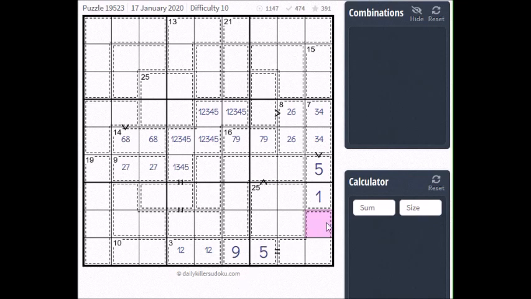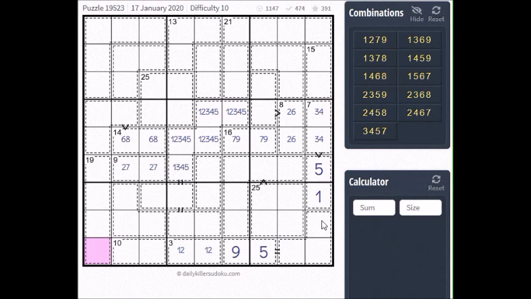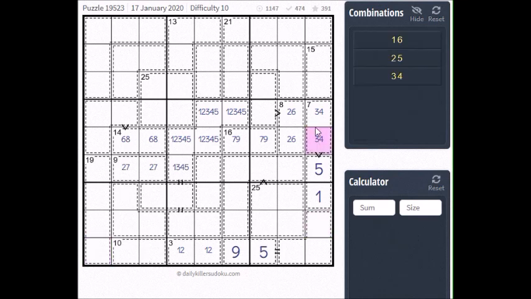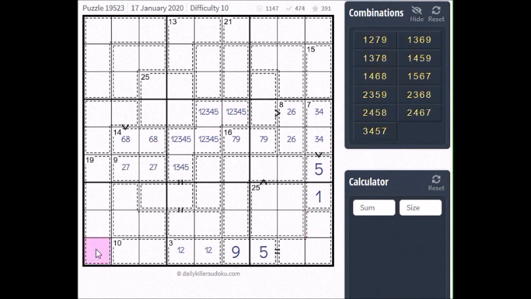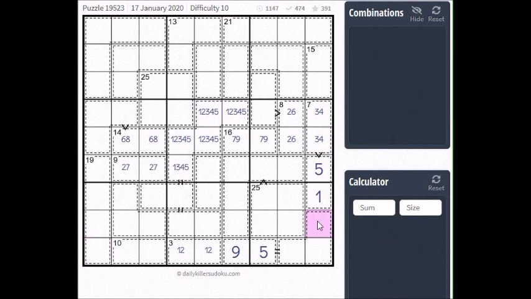Now note that 14 plus 14 is 28, plus 13, which is 41. So the difference between these two cells is 4. So this is not a 9, this may be 8, 4, but the 4 is reserved here. It cannot also be 7, 3, because the 3 is reserved here.